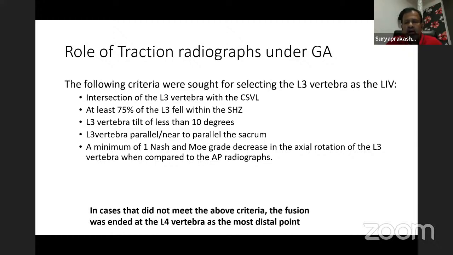But then when I went through the literature to see really does it matter to that extent whether you stop at L3 or L4, basically, there are some studies which say that it matters, some studies which say it doesn't matter so much. But then always as a spine surgeon, as we save levels, we feel more happy. So we tend to do as less lumbar vertebral fusion as possible.